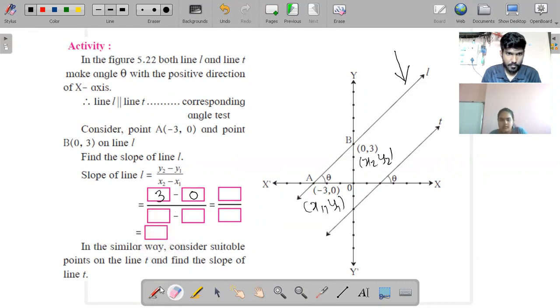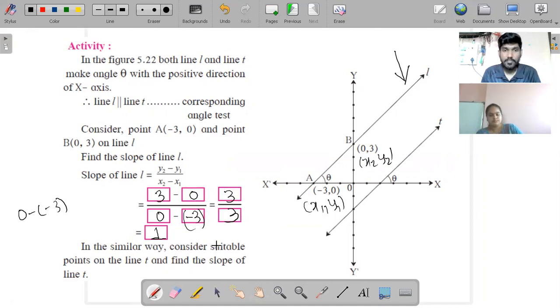And x1 is minus 3. So this becomes 3 upon 0 minus of minus 3. What is 0 minus of minus 3? Plus 3. And 3 divided by 3 is 1. So this is 1 here.